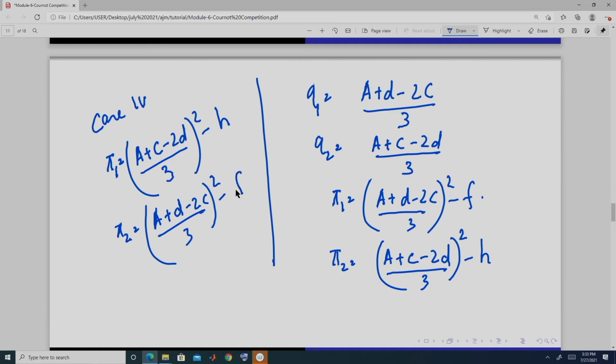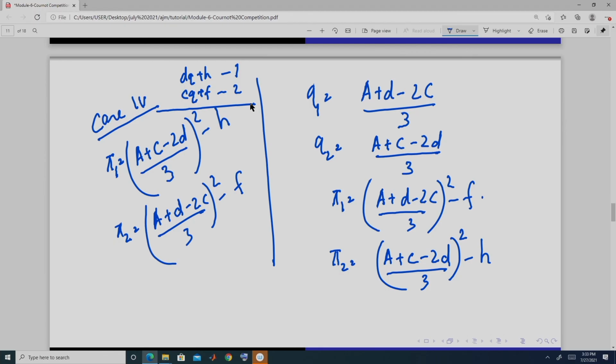It is going to be H, because in case 1 farm 1 is choosing H. This is farm 1 and this is farm 2. Okay.